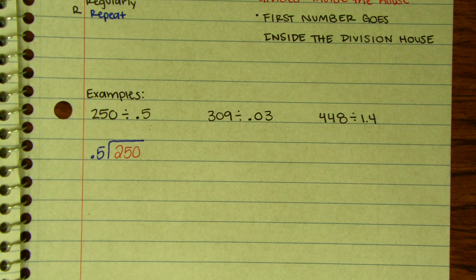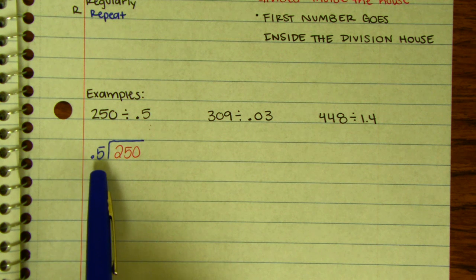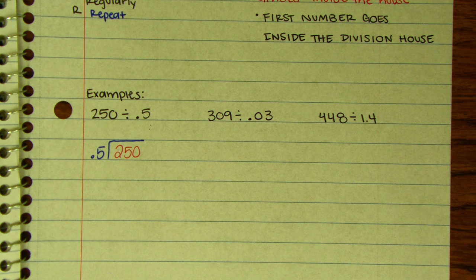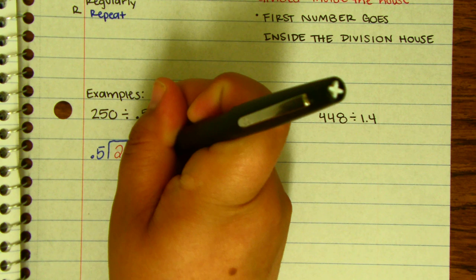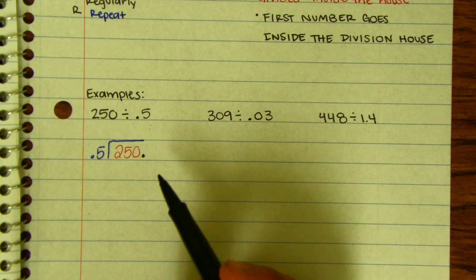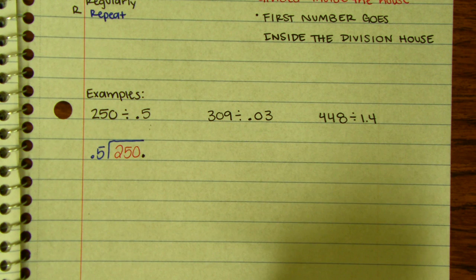So what I need to do first, because we don't like to divide by decimals, is put a decimal after 250, because 250 is a whole number, which means that there is a decimal point at the end. It's just invisible. You can't always see it.